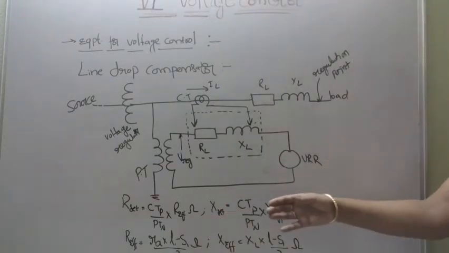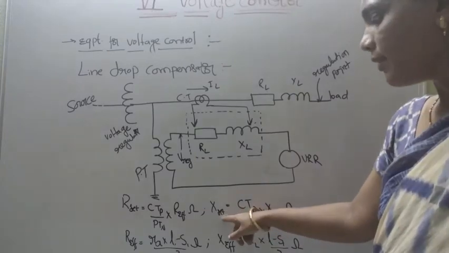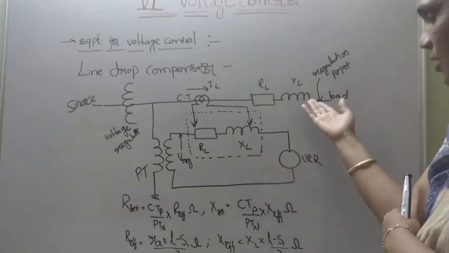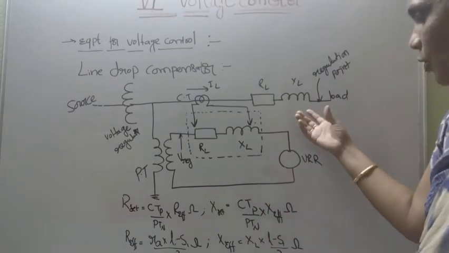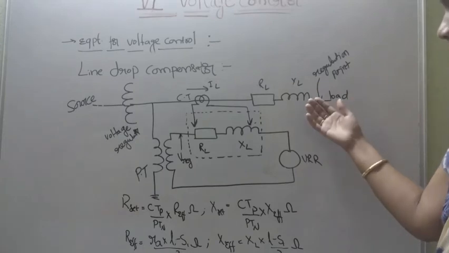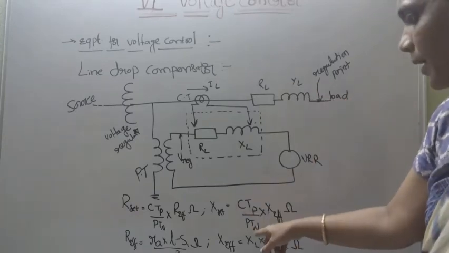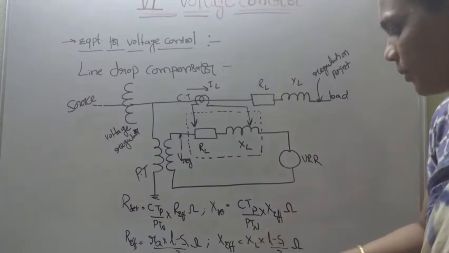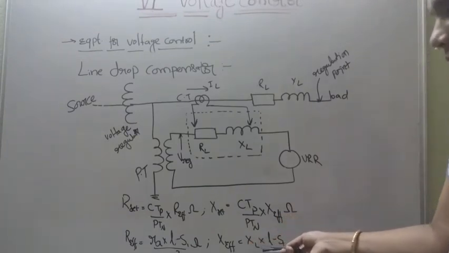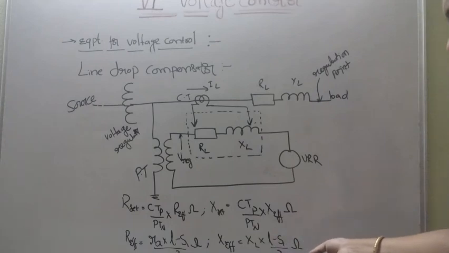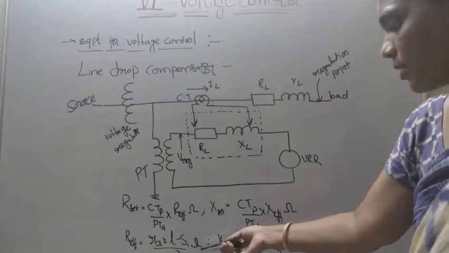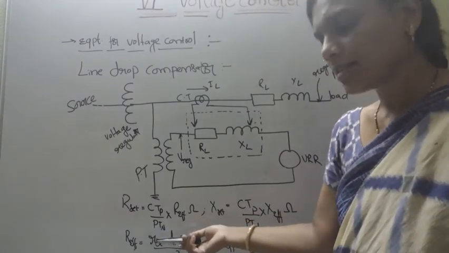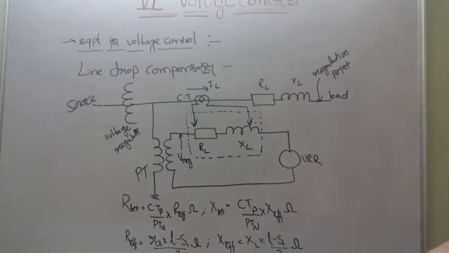In the same way we calculate the X setting value for compensating the inductive drop in the line: CTP by PTN into X effective. X effective is equal to XL into (L minus S1) by 2. Both formulas are the same, but one considers resistance and the other the inductive reactance.